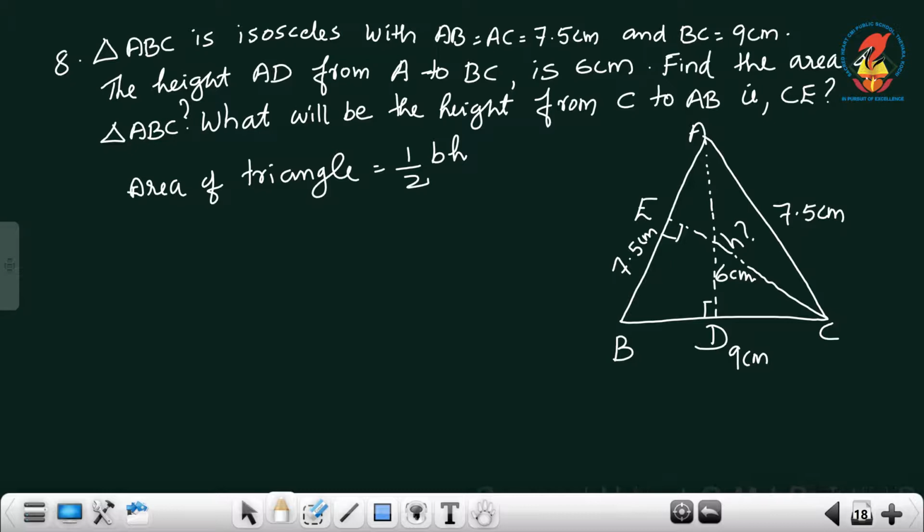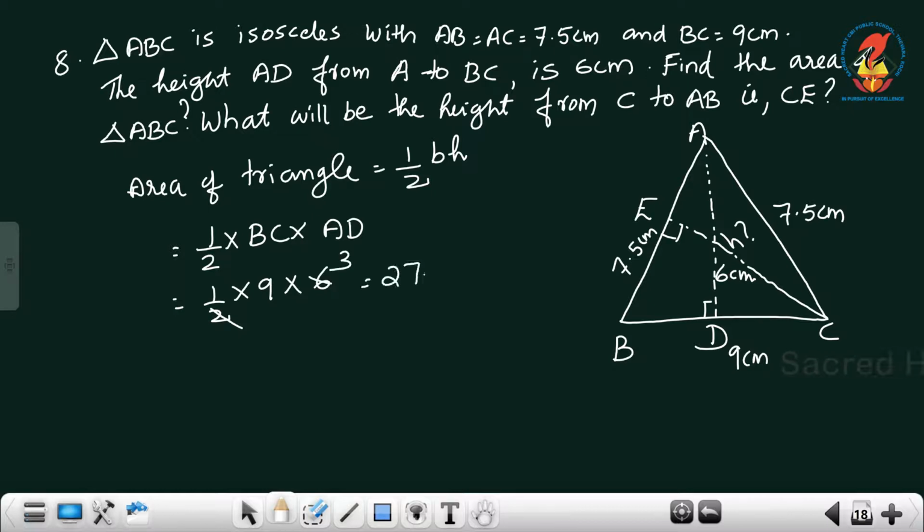Base you should consider BC, into height AD. Half into BC equal to 9 into 6. 2 and 6 you can cancel, 3 times 9 is 27 centimeter square.